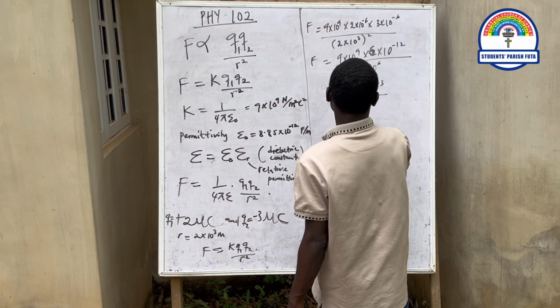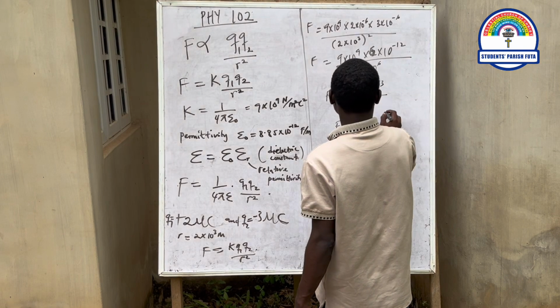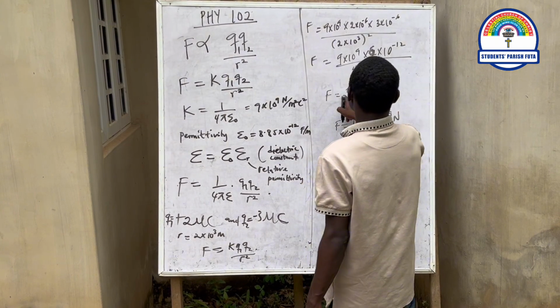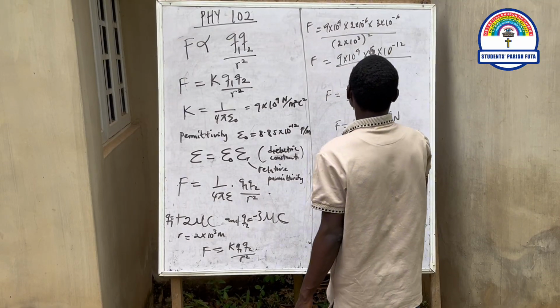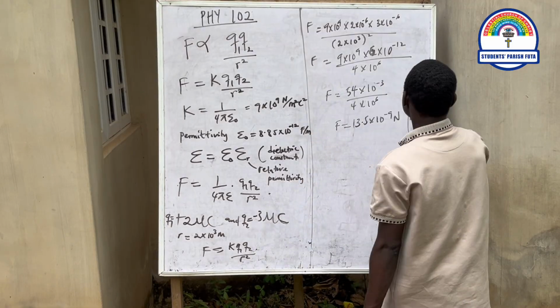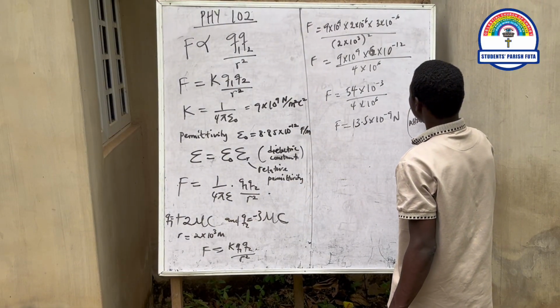Force equals 13.5 times 10 power minus 9. You know what type of force this is, because it's between positive and negative, so it's going to be an attractive force. Unlike poles, they attract.